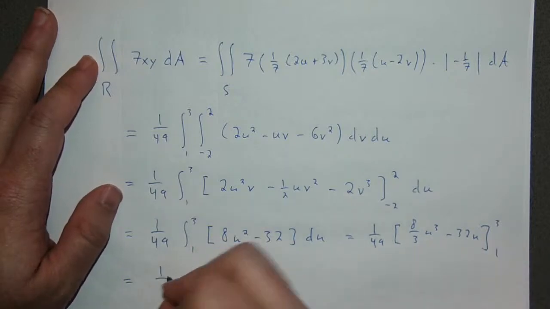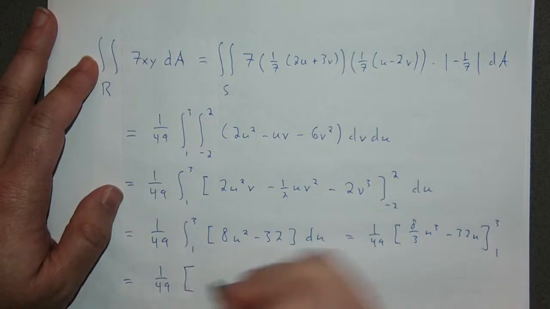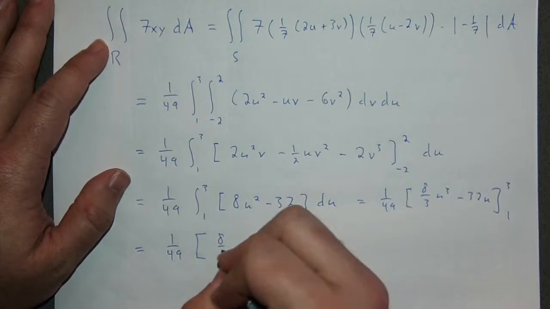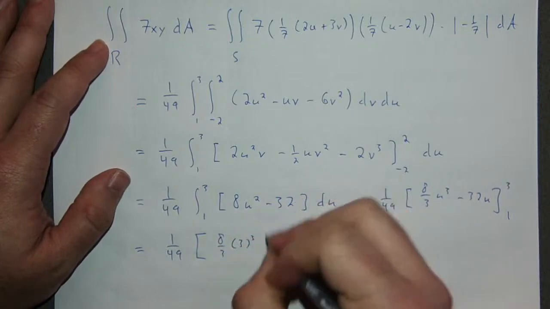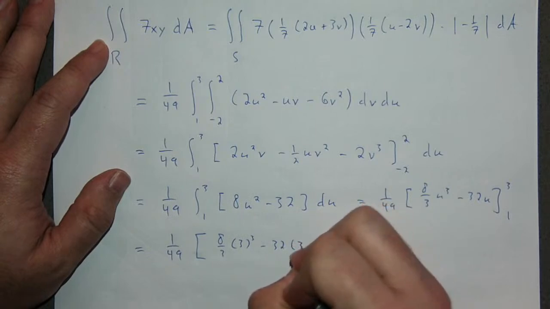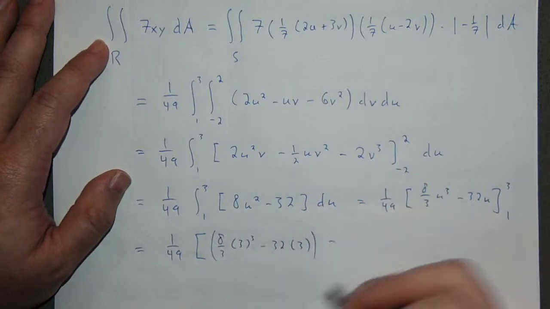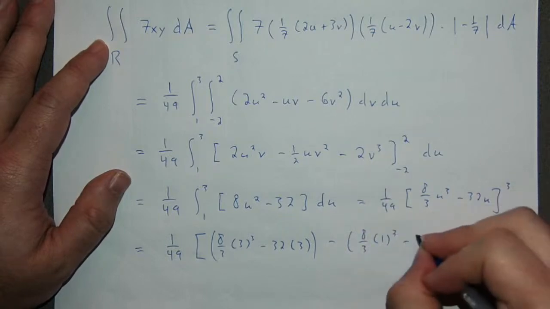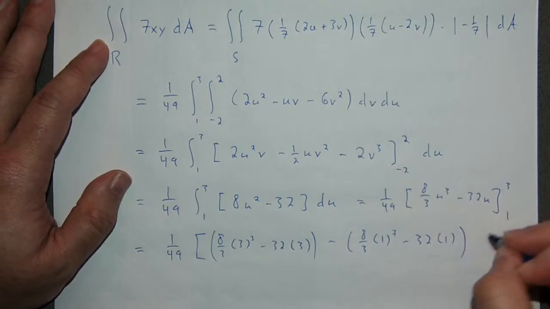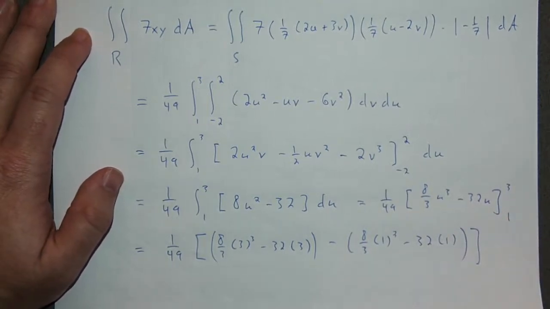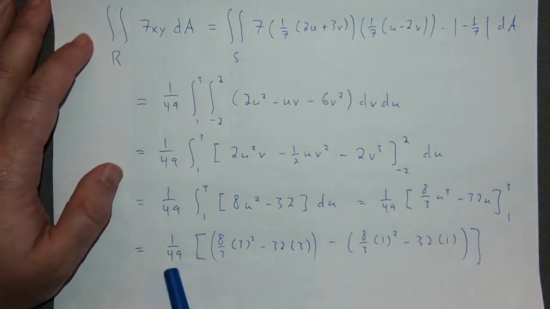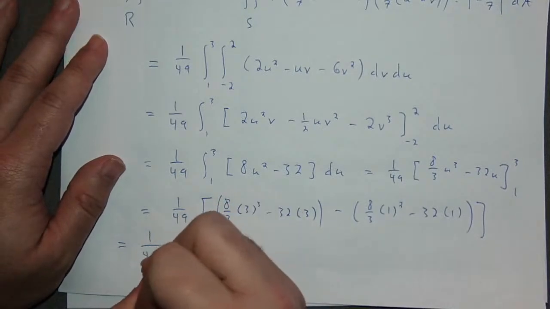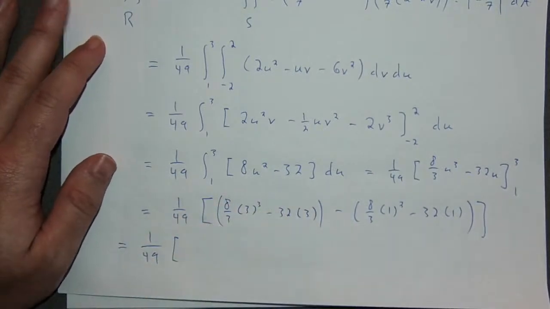This is 1/49 times the upper evaluation, 8/3 times 3 cubed minus 32 times 3, minus the lower evaluation, 8/3 times 1 cubed minus 32 times 1. And all of this is times 1/49.